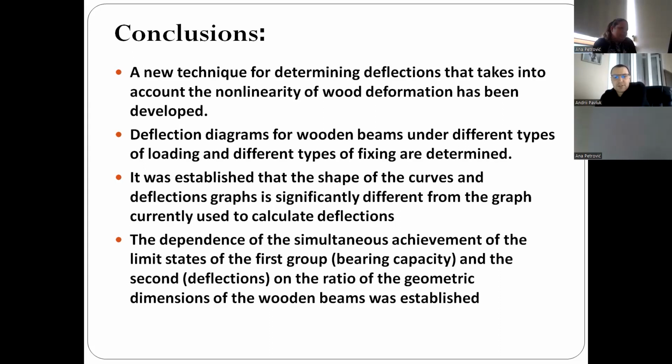It was established that the shape of the curves and deflection graphs is significantly different from the graph currently used to calculate deflection, and the dependence of the simultaneous achievement of the limit states of the first group, that is bearing capacity, and the second group, deflection, on the ratio of the geometric dimensions of wooden beams was established.